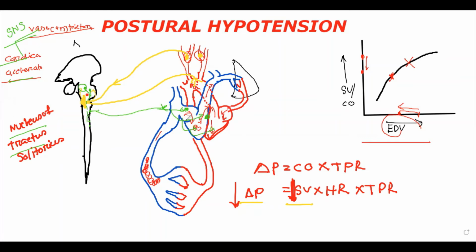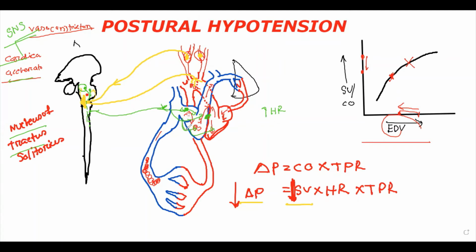And what are the effects of this activation? When the SA node is activated, it increases firing, so ultimately it increases the heart rate. And when the AV node is activated, it also conducts the impulse coming from the SA node with a fast velocity, so ultimately it will also increase the heart rate.